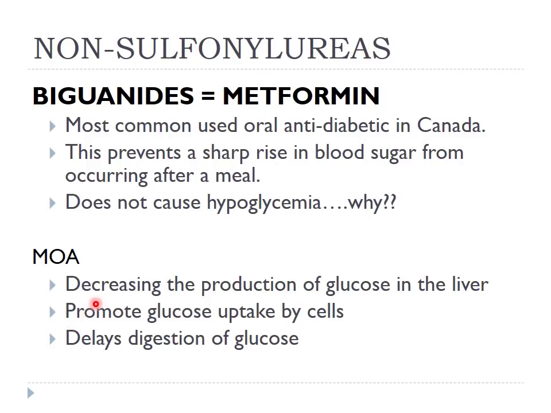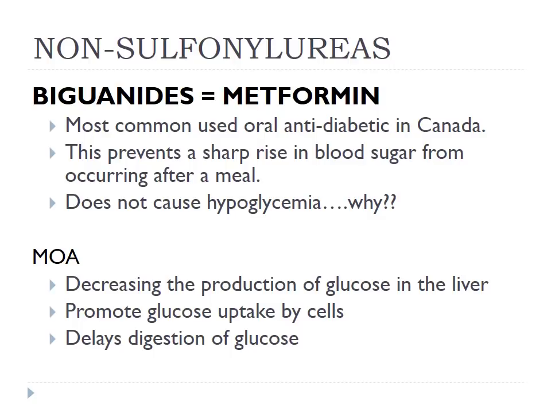What it does is the following. It decreases the production of glucose in the liver. It promotes glucose uptake by cells, so it's probably playing around with the sensitivity of those cells. It plays with the insulin sensitivity of the target cells. It also delays digestion of glucose, so it makes you use the little insulin you have in your body more effectively.